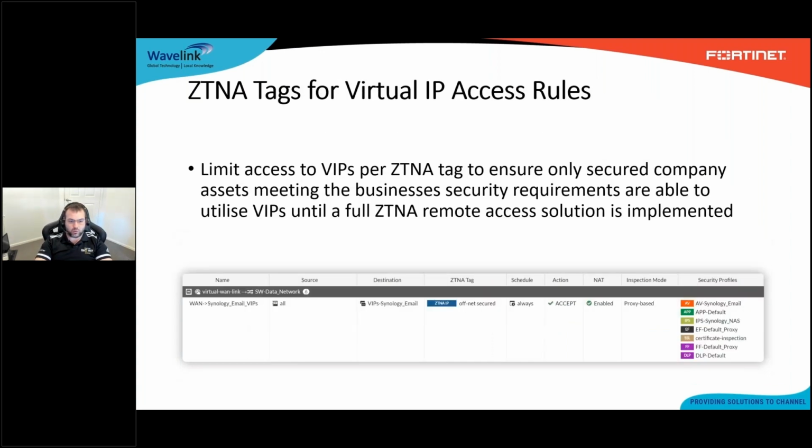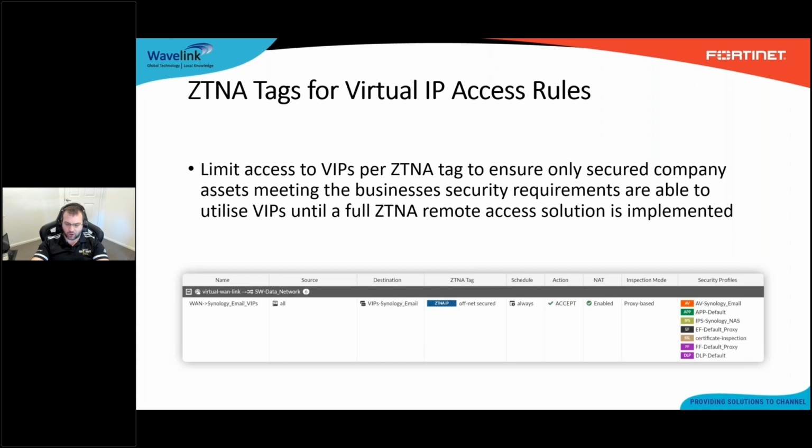So we can also limit access to our virtual IPs using ZTNA tags. This is not necessarily just for internal segmentation traffic. We can also enable it for traffic coming into our network from the outside world. A good example of this is, I host my own EMS server.